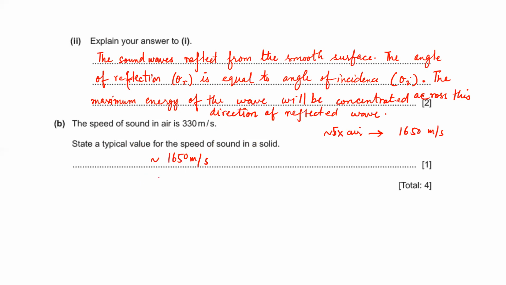Always remember the speed of sound in solids ranges between 1000 meters per second and 10,000 meters per second. So it is just generally 5 times the value we have in air.